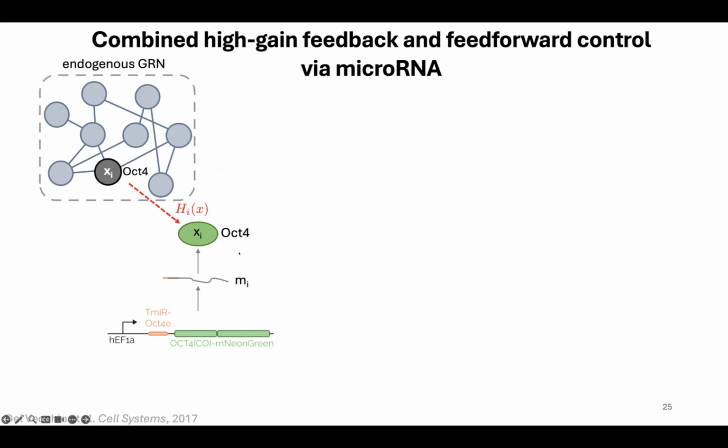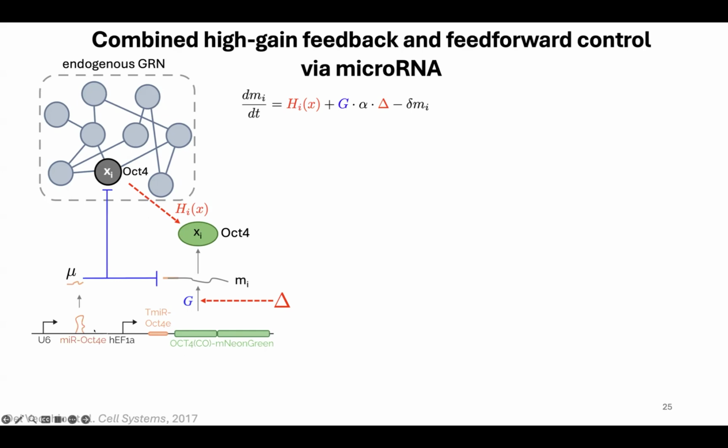And so if we do that and we read out the total OCT4 in the cells, we'll see that it's going to be determined by the endogenous network, which is here, and by my overexpression, and I'm putting this big G to denote that it is really high. I'm just flooding the cell with this OCT4 right now. And we have some perturbations on the DNA copy number, because with lentiviral delivery, we don't know how many copies are going to get in. Now, we want to reach some robustness to all these red perturbations.